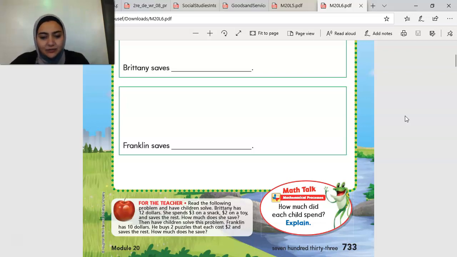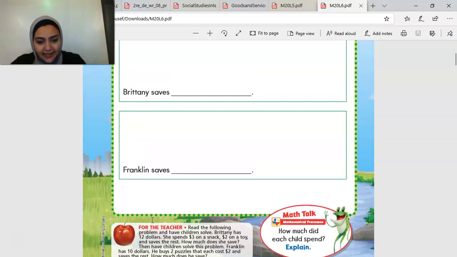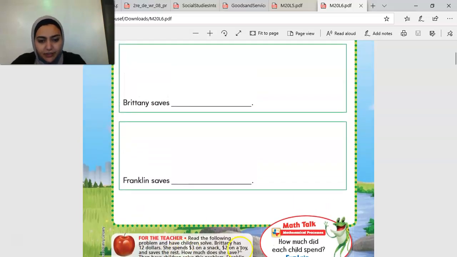Brittany has $12. She spends $3 on a snack, $2 on a toy, and saves the rest. How much does she save? So let's focus on Brittany now. So Brittany has how much? She has $12.